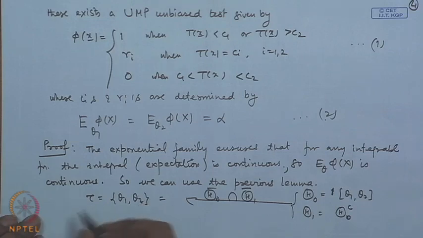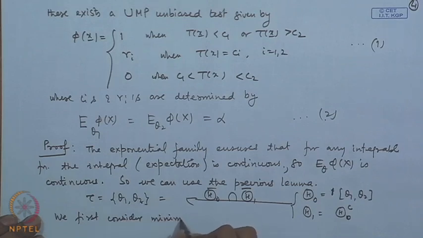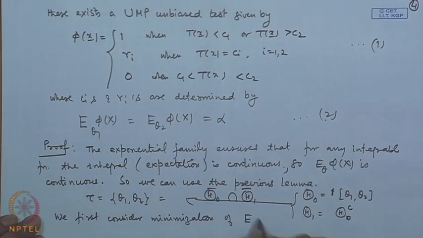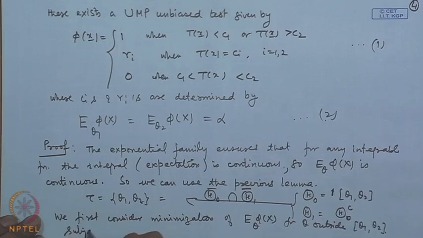So, now let us consider, we first consider minimization of expectation phi x for theta outside the interval theta 1 theta 2, subject to the condition 2.